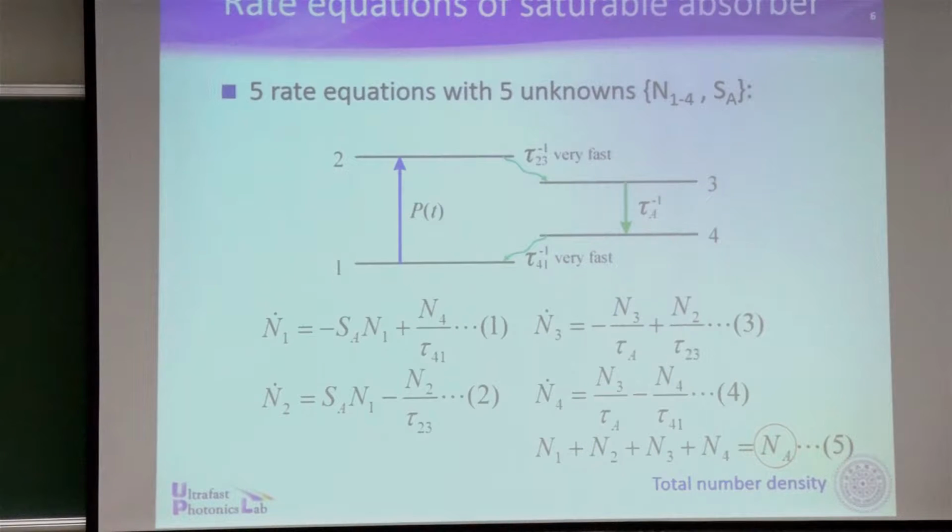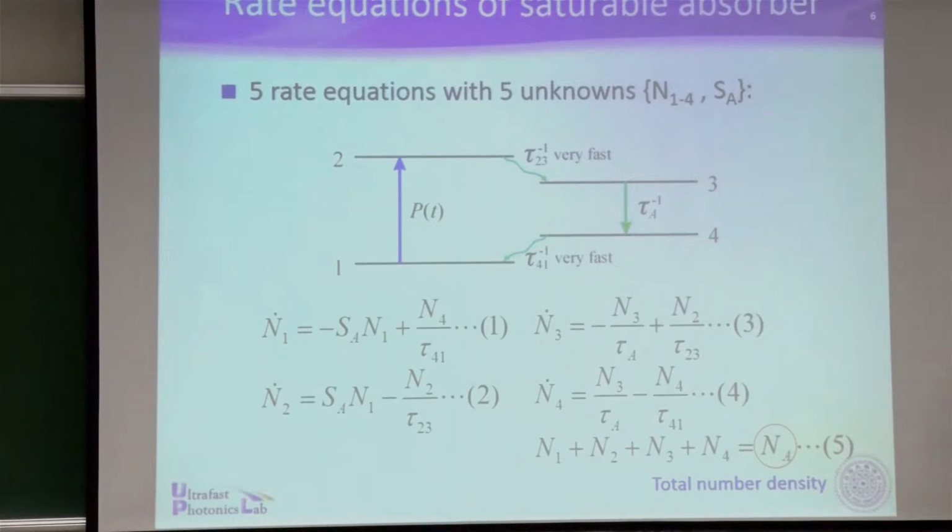The 5 rate equations can be used to solve 5 unknown functions, including the number densities of all the levels, n sub 1 all the way to n sub 4, as well as the stimulated absorption rate S sub A. You have 5 unknown functions. And I skip the process of writing down the 4 rate equations because you have seen it before in lesson 1. So these are the 5 rate equations.